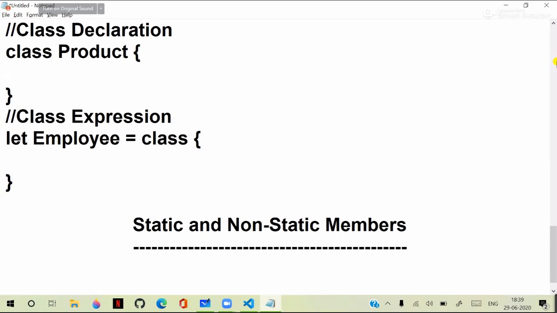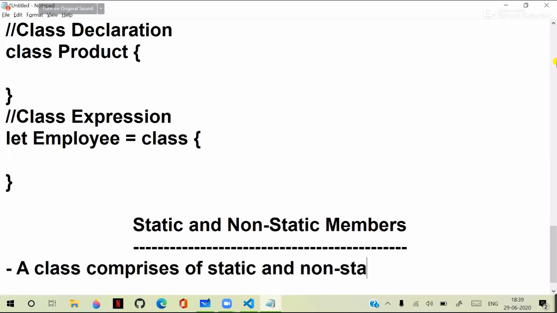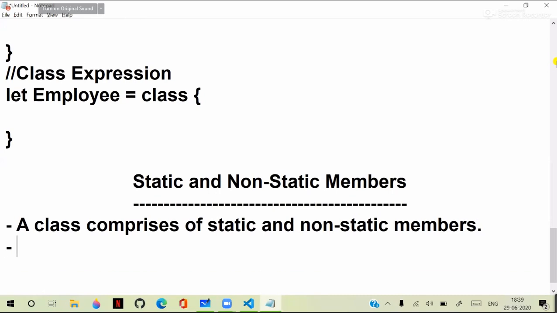First point is what is a class declaration and a class expression. That means we know how to declare a class. Next point is how to define members in a class. First, we should know that a class usually comprises two types of members, static and non-static members.